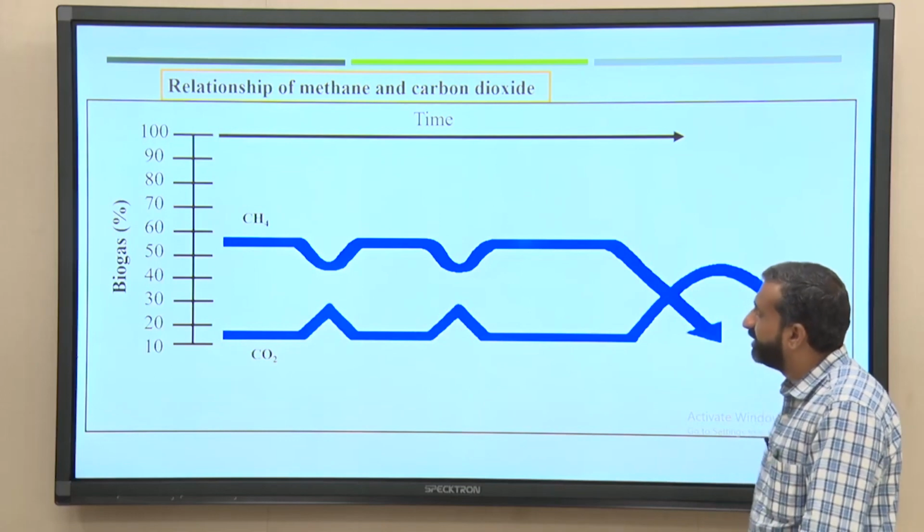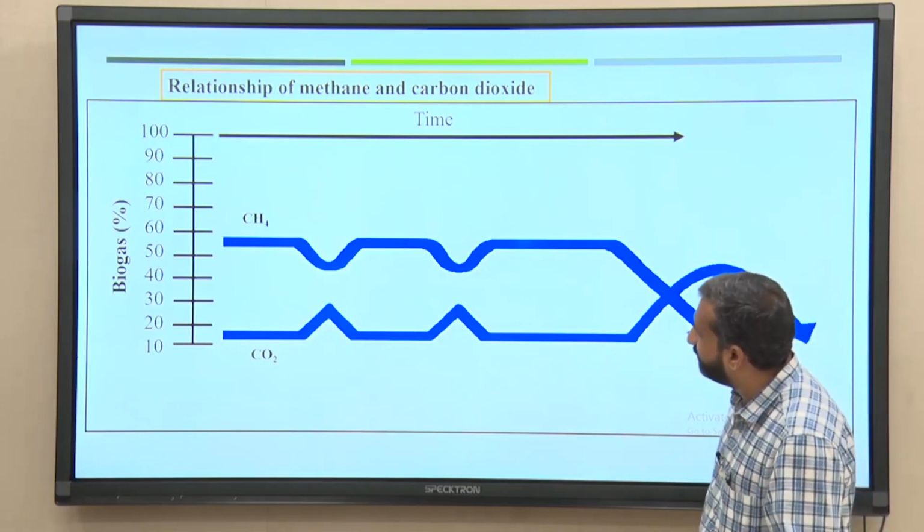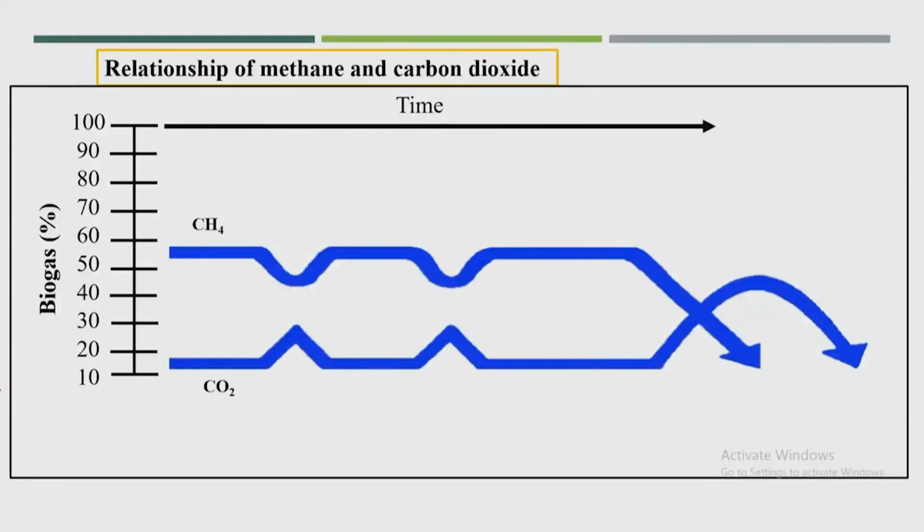When you see the relationship of methane and carbon dioxide, this is the time versus the biogas. The methane percentage is more and the carbon dioxide percentage is low.